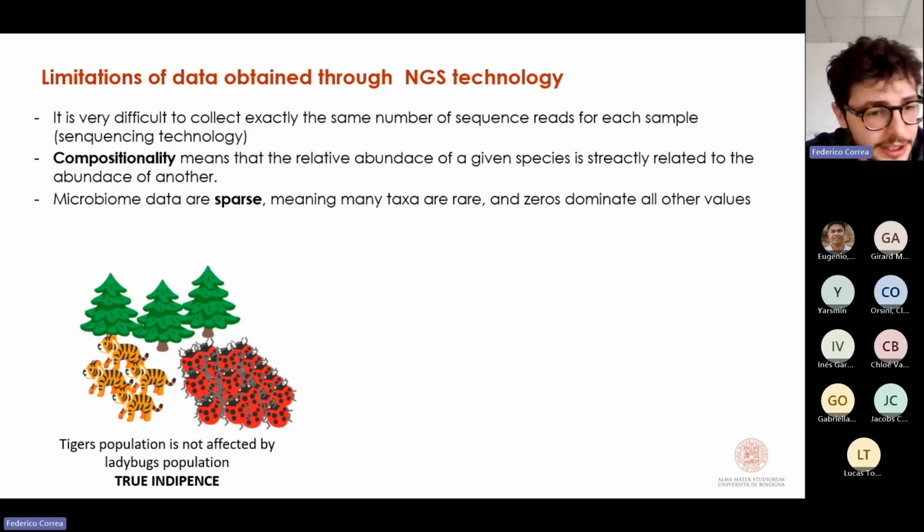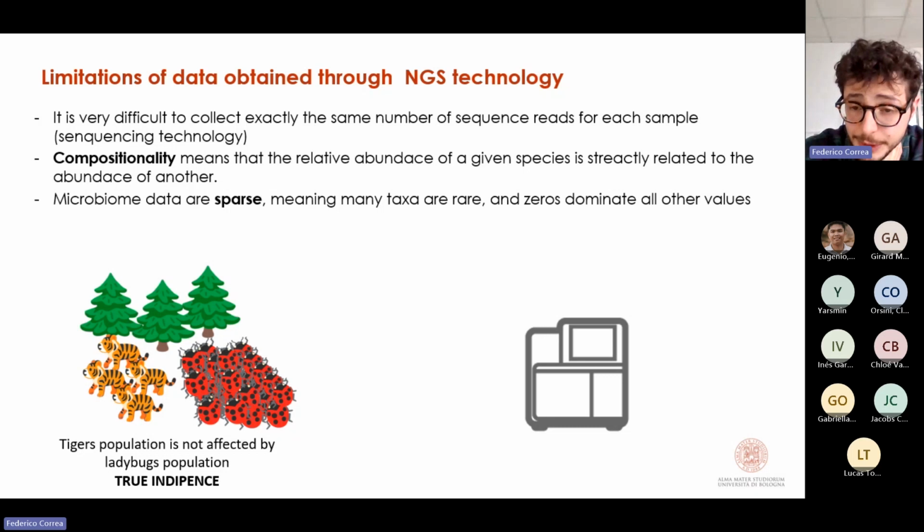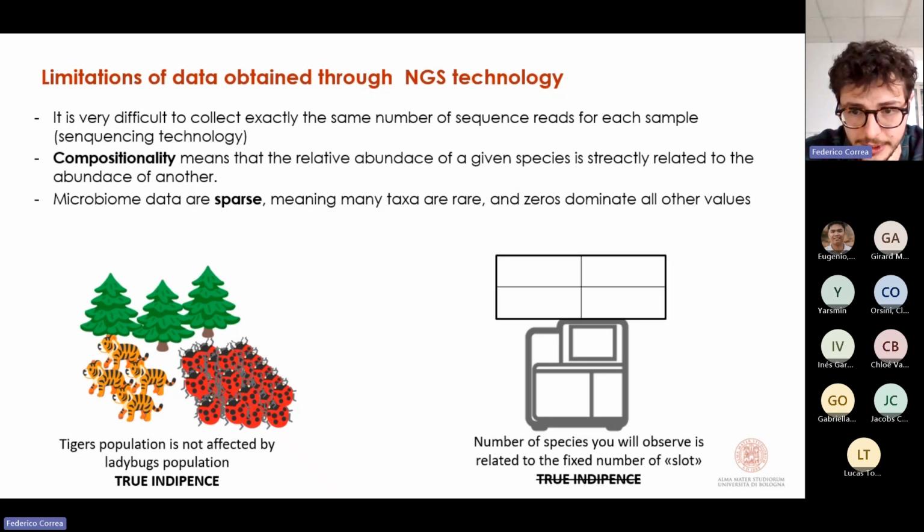While in our next generation sequencing experiment, we have the limitation of the technology. Imagine that with this technology, we have a number of slots of species that we can observe. The number of slots is just the sequencing depth of the technology.